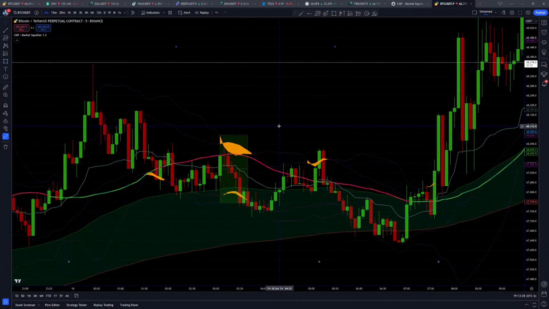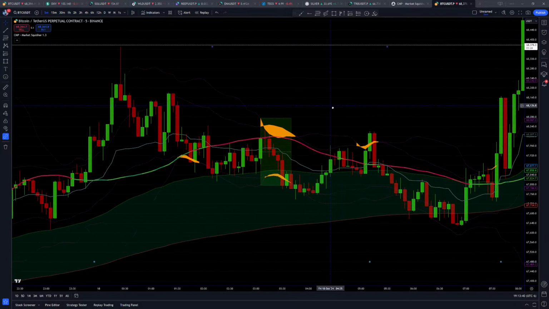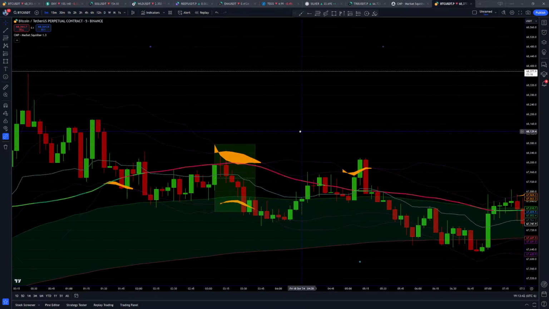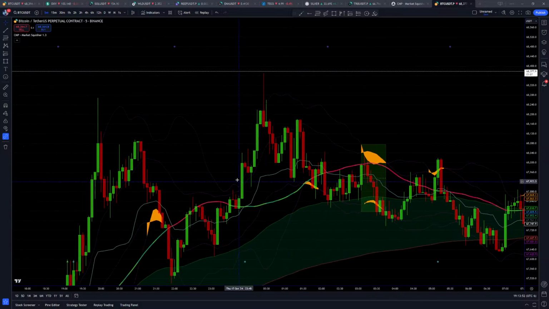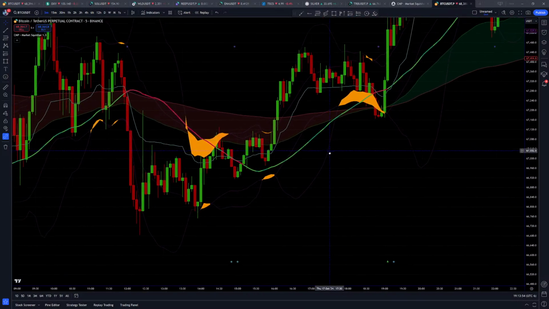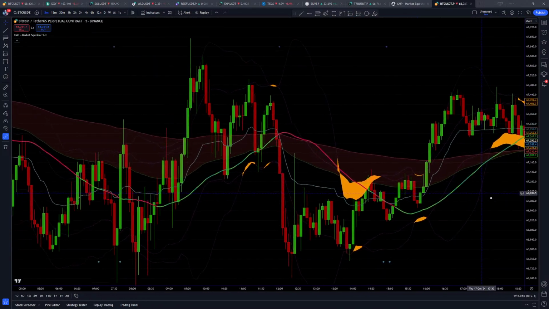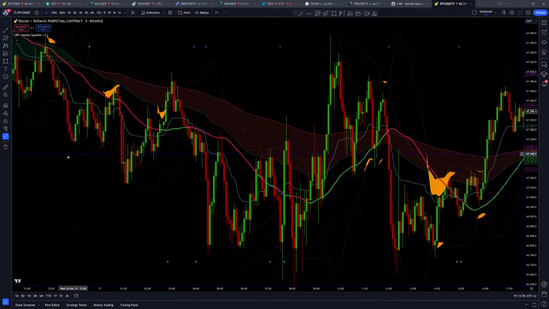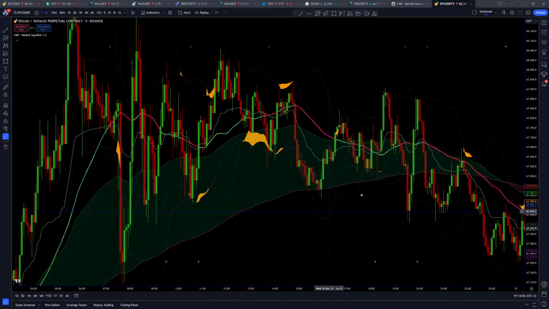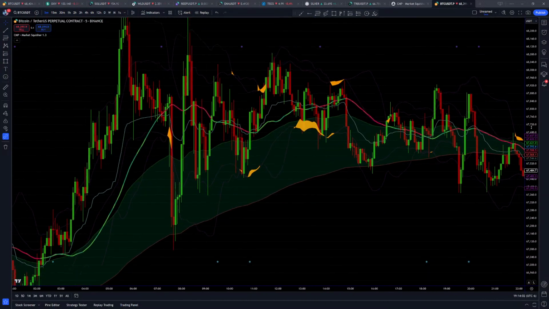Anyways, when a Bollinger Band goes inside a Keltner channel, usually with the standard settings, but we have done some slightly subtle tweaks to the settings to fine-tune it and give you optimal signals. But when a standard Bollinger Band goes inside a standard Keltner channel, that is a squeeze.